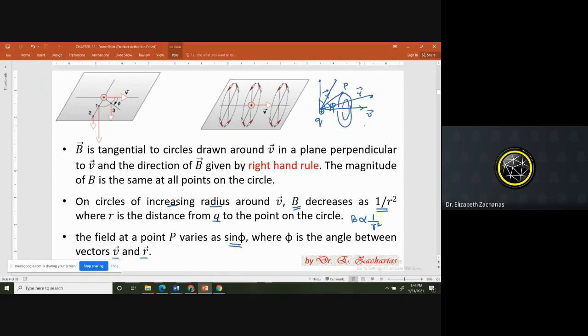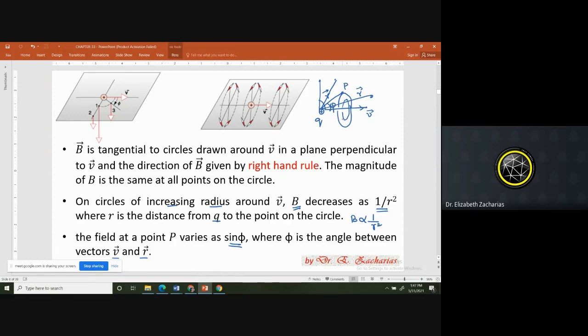And then by now I expected somebody to ask me, Madam, is this R also going to change with time? Yes, R is going to change with time because the charge itself is moving. The origin of your vector R is moving. So your R vector also keeps on changing magnitude and direction. So phi also keeps changing.